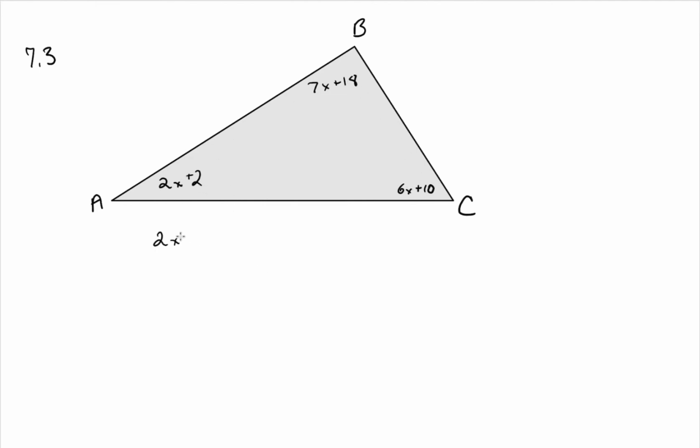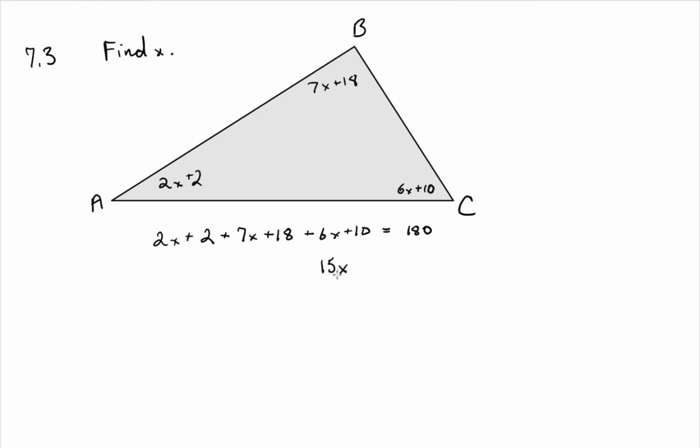So 2x plus 2. By the way, our instructions are to find x. So 2x plus 2 plus 7x plus 18 plus 6x plus 10 equals 180 degrees. Right? Right. So now let's do some combining. We have 2 and 7, that's 9, plus 6, that's 15.